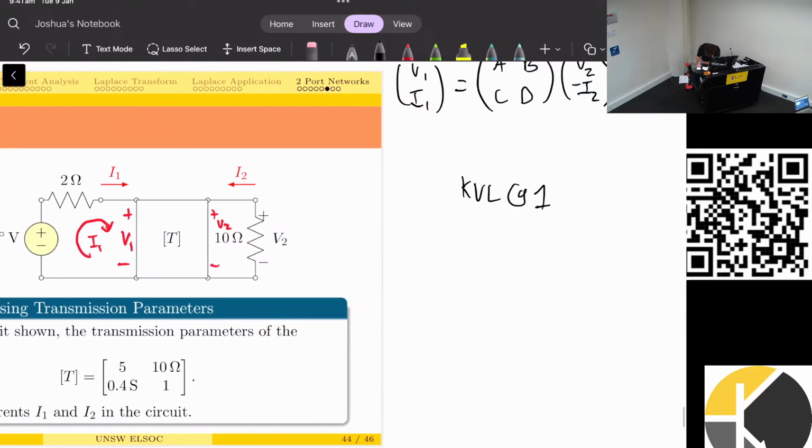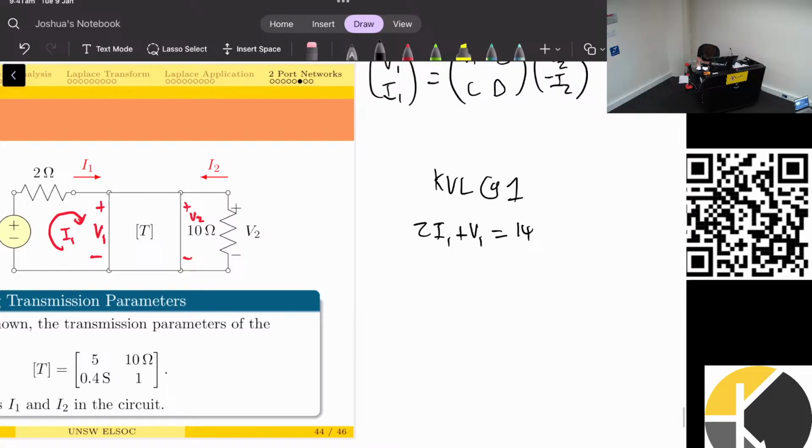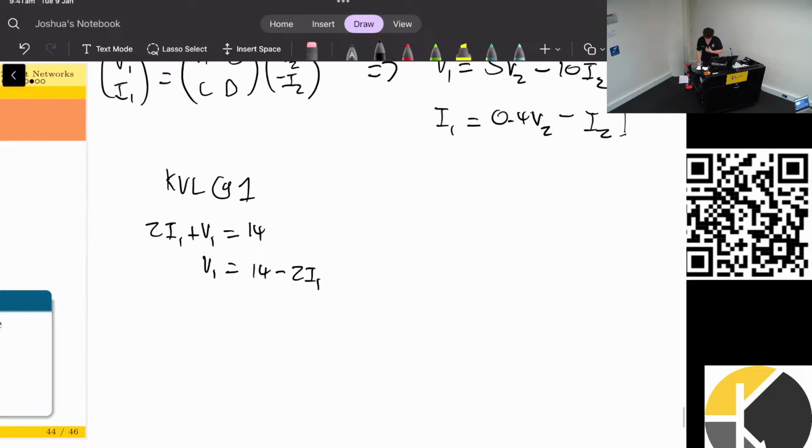This is going to be 2I1 plus V1 equals 14. I'm going to rewrite this in the form V1 equals 14 minus 2I1. The reason is they're not asking us to solve for voltages, so we're trying to eliminate those as fast as possible.